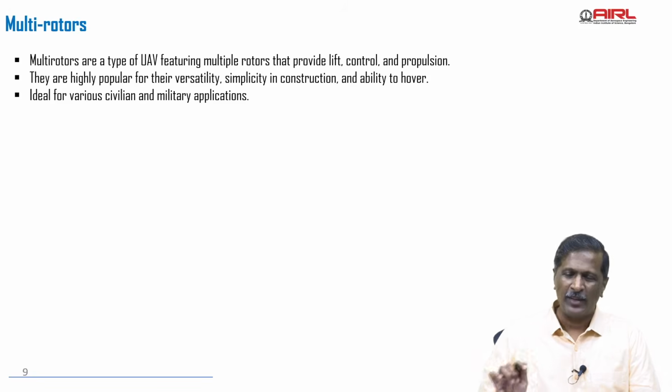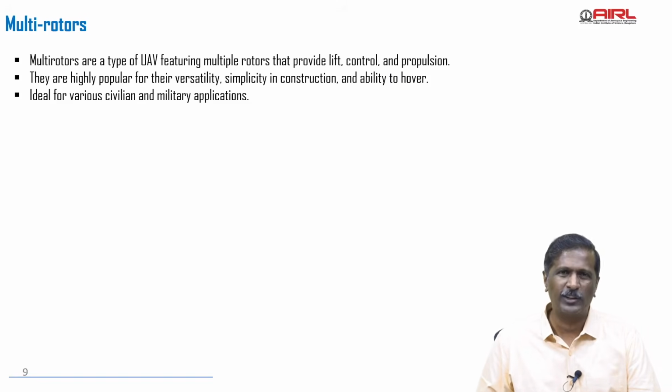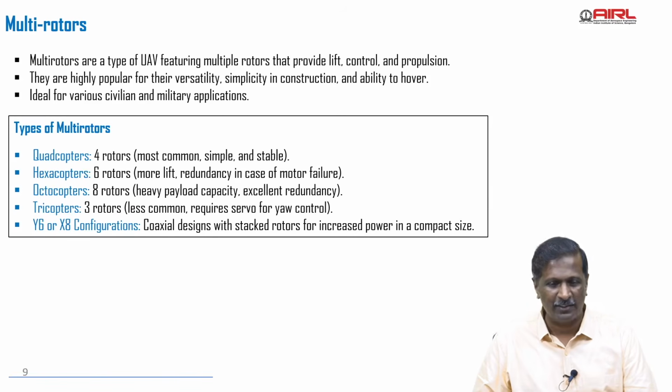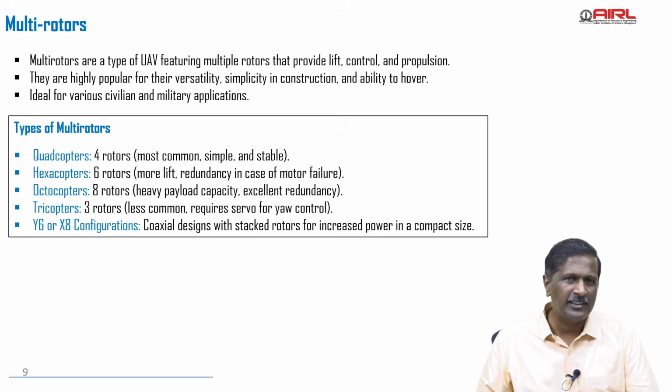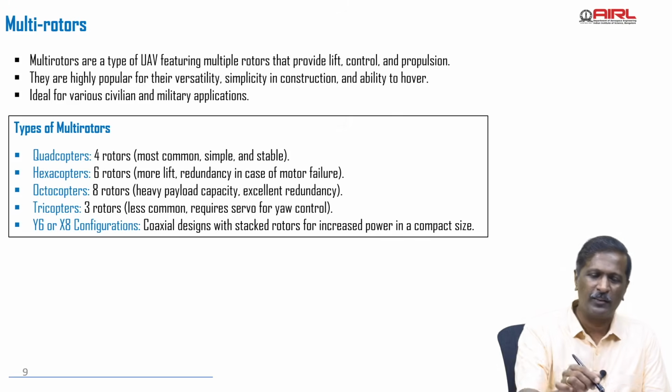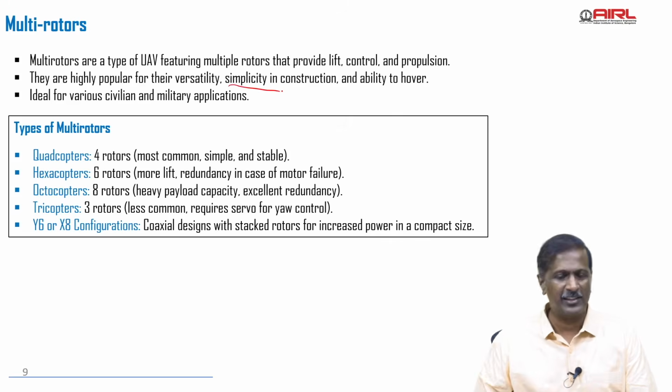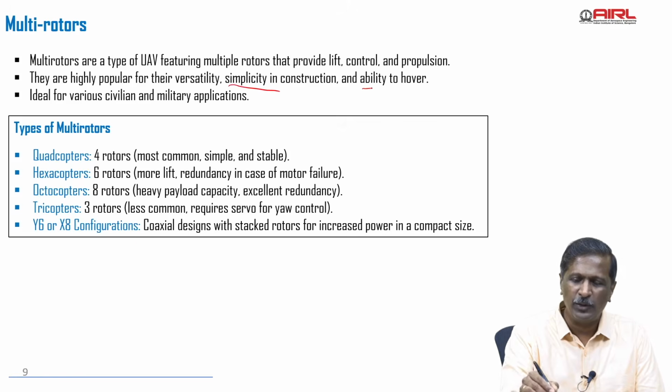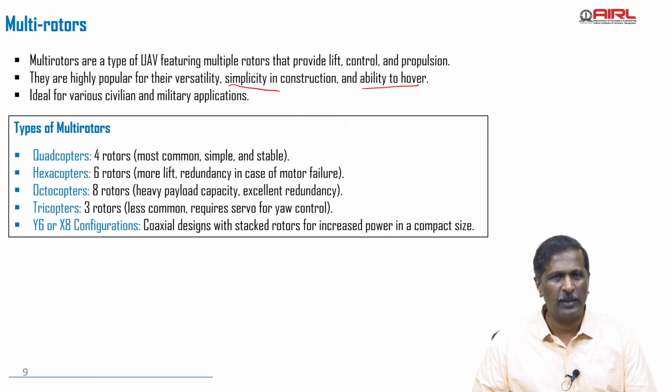Now, this particular course is going to focus more on multirotor operations. So we'll look at the different types of multirotors we have, and how we can classify them based on how they get lift, how they are controlled, and what propulsion system is present. They are very popular because of their simplicity in construction and their ability to hover, that is, stay at one particular point.